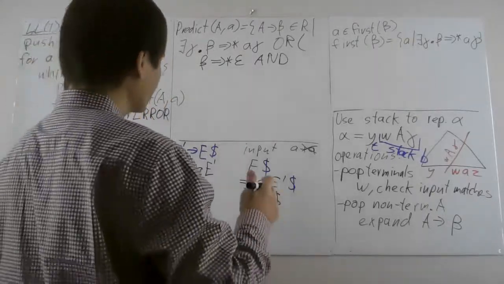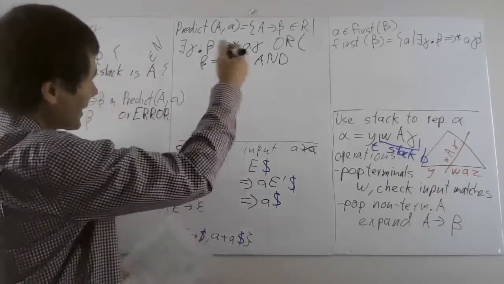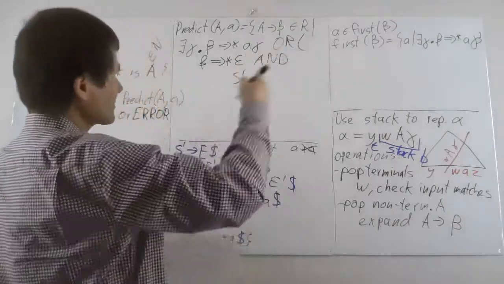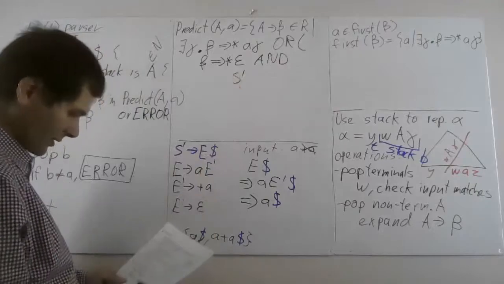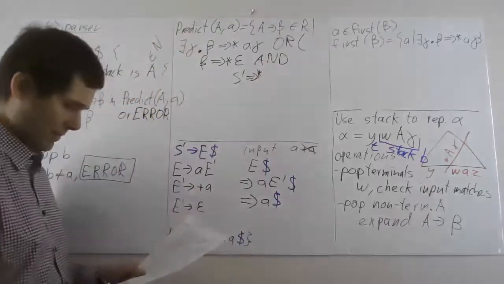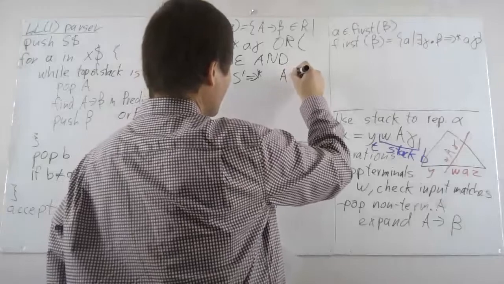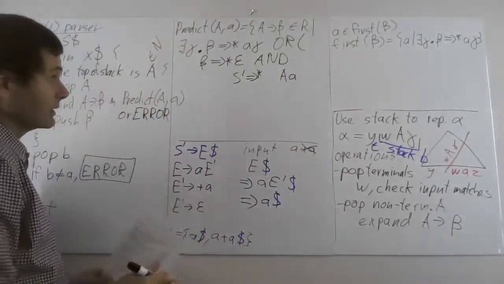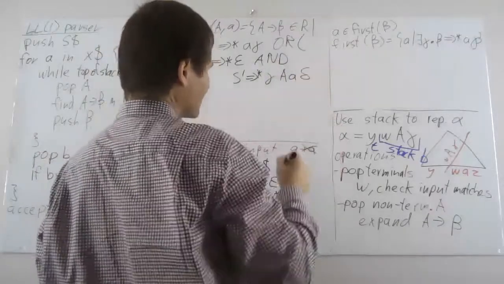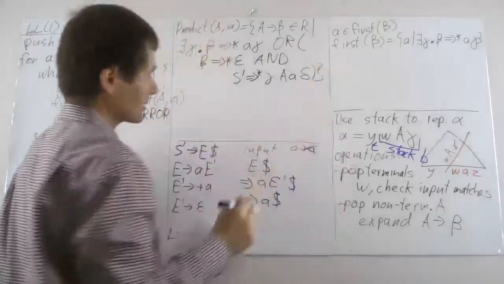So what do I want to say? Well, the way I'm going to say it is that S prime, the augmented start symbol of the grammar, can derive some sentential form that has a little a in it, with a gamma and a delta before and after that, which can be any sequence of symbols.